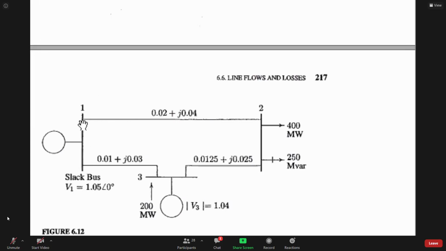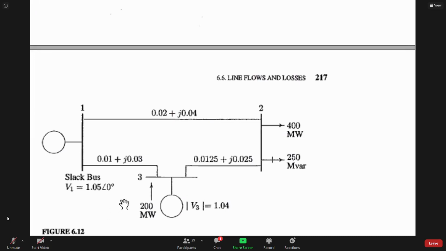So this is the reference bus. Like in the nodal equation, when we have multiple buses, we need to assign one of them as the reference bus, right? In that diagram also, bus 1 is considered as the reference or slack bus.